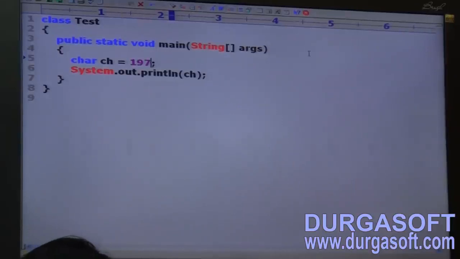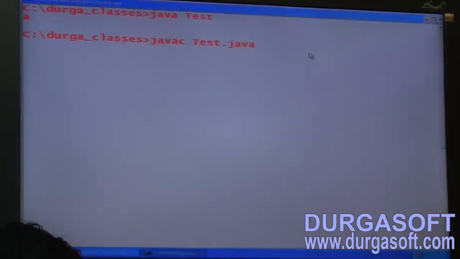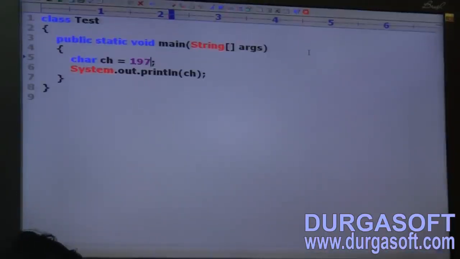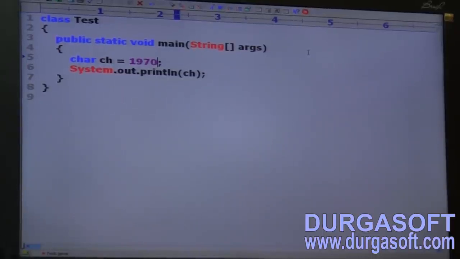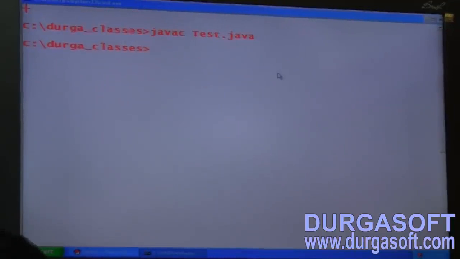What is the corresponding character? A special character. 197 related character is the plus symbol. Are you getting it? Sir, if I take 1970, what is the corresponding character? Our favorite symbol will come. A question mark is coming.